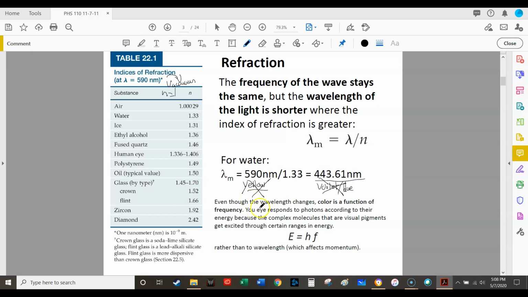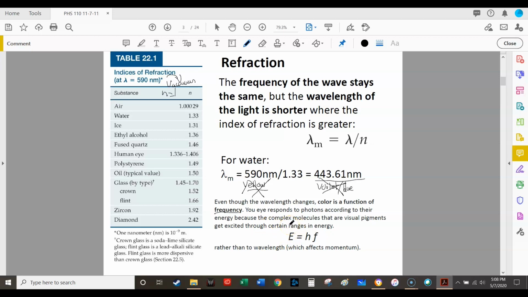What doesn't change when you go through different mediums is the frequency, right? So even though the wavelength is changing, the frequency is not, right? So again, what is carrying that light is a photon, and it's the energy of a photon, that little massless, chargeless particle that moves other particles. It gives kinetic energy to all other particles, particles like electrons and protons.